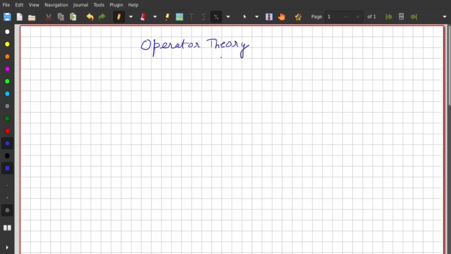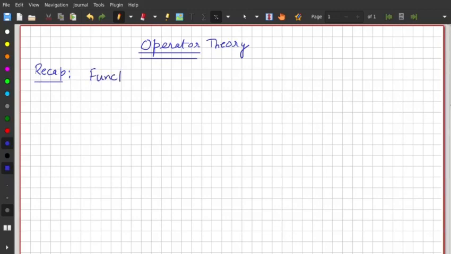To have a better understanding of what operators are in general, let's start with something more basic which we already know. Let's recap from our previous mathematical studies what we mean by a function.